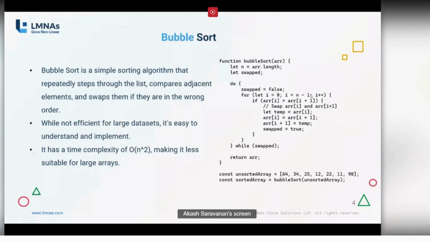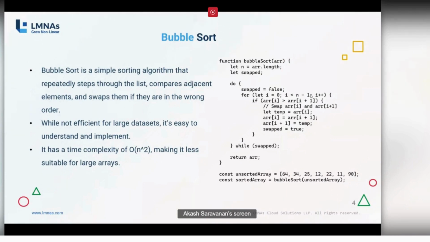Okay. So Aisha is continuing, right? You started with do, giving a boolean false for the swapped variable, and we'll go for the for loop.